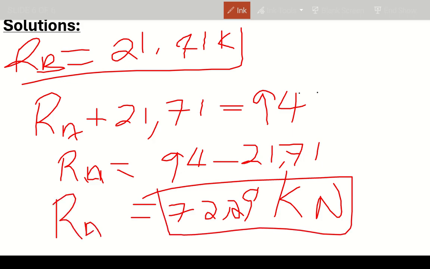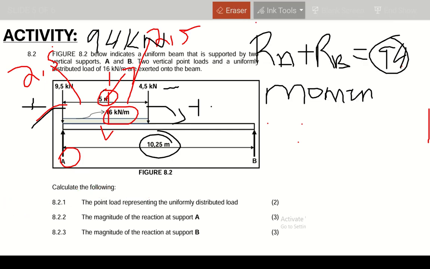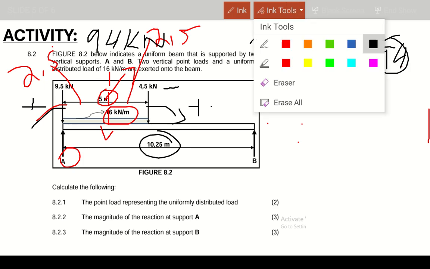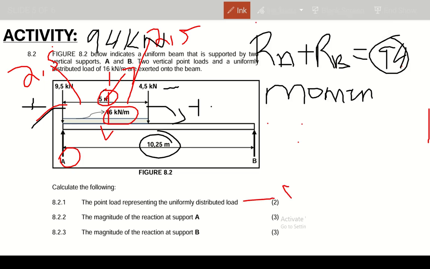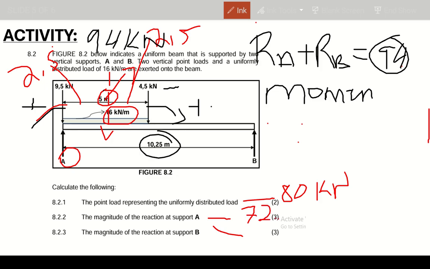So here are the answers. This one is for A and this one is for B. So the answer here is 80 kilonewtons, and the answer here for A is 72.29 kilonewtons, and the answer here is 21.71 kilonewtons.